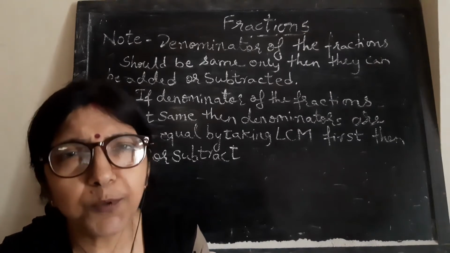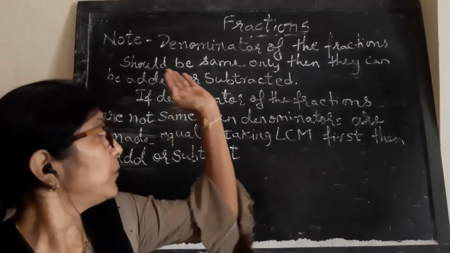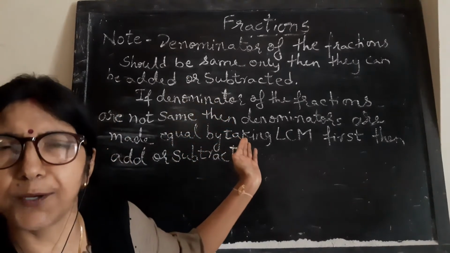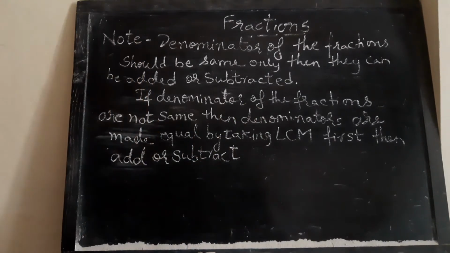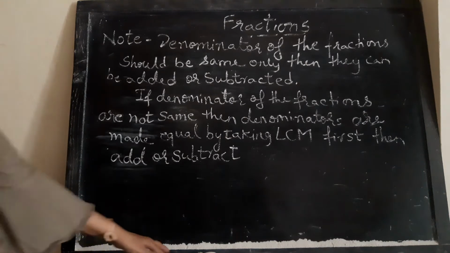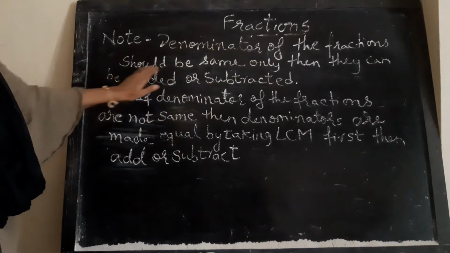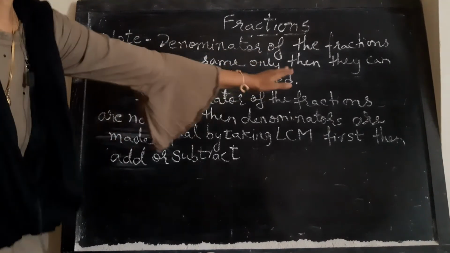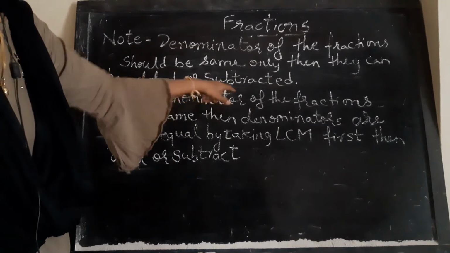You can see the process with a few examples, and here is the basic rule written on the blackboard, which you also have to write down. Next we will be learning the process with a few examples. Here it is written: the denominators of the fractions should be the same, only then they can be added or subtracted.